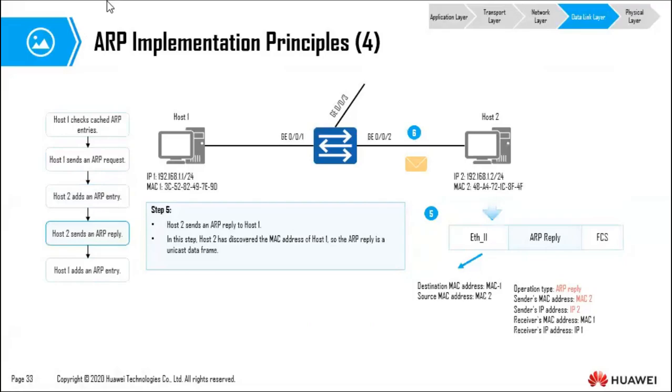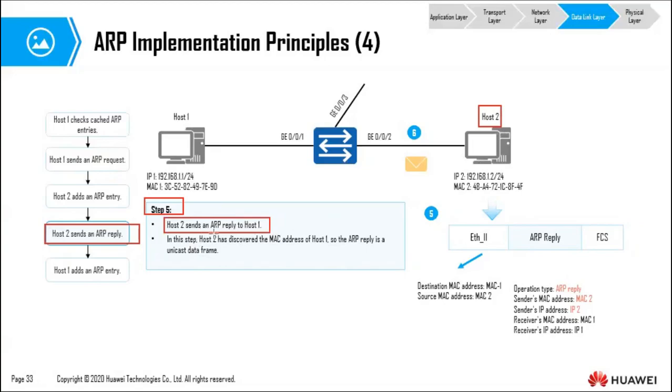So we are on step number 5. After updating our cache table, and this is a very common question, by the way, on ARP, very common. After updating its cache table, host 2 will send a reply to host 1.